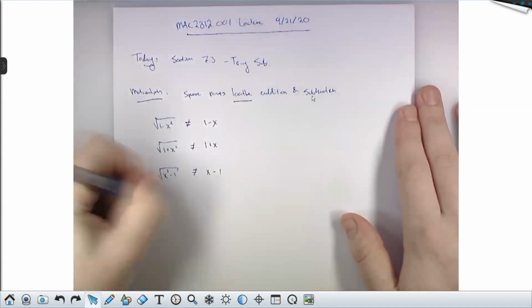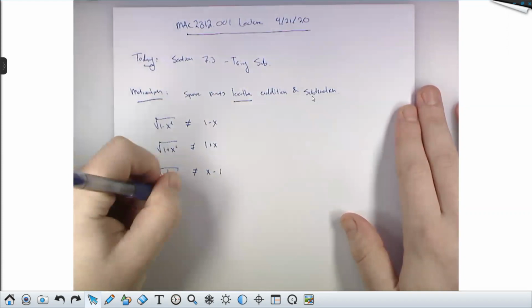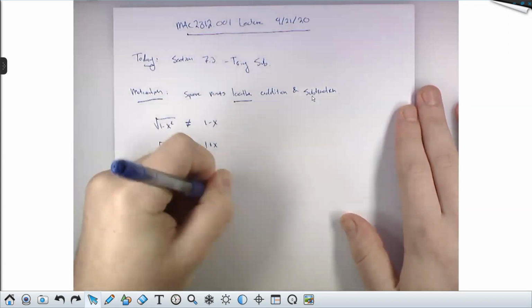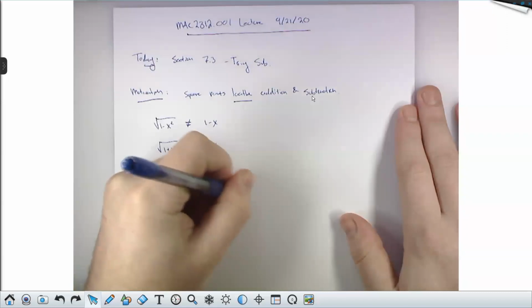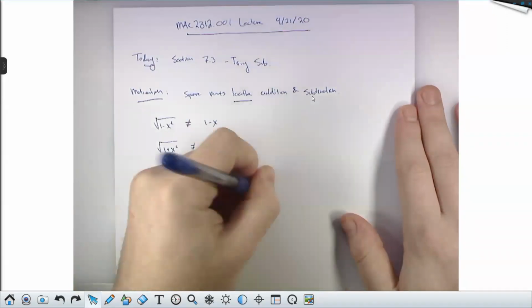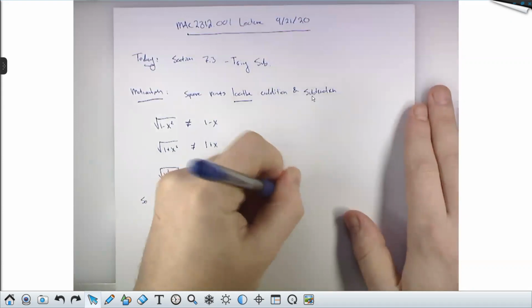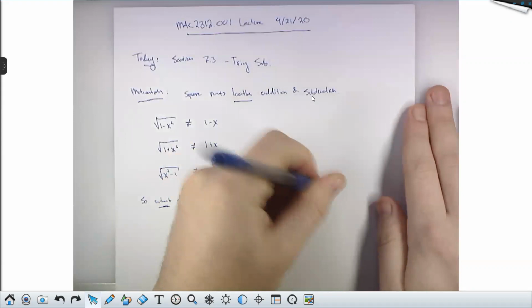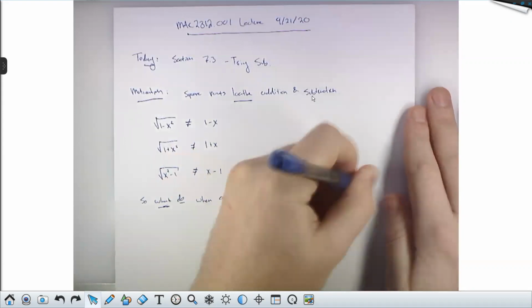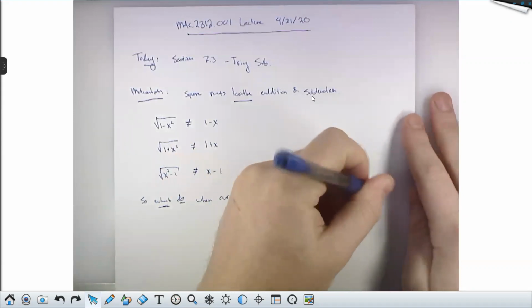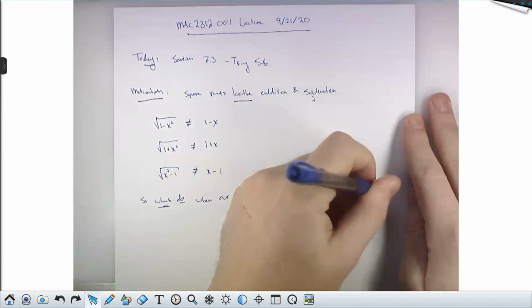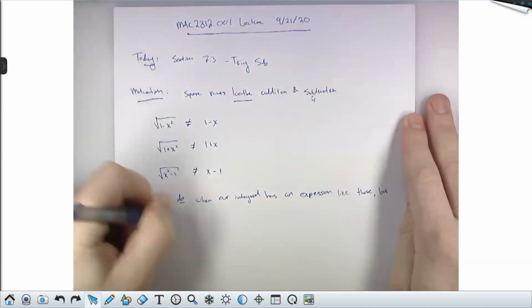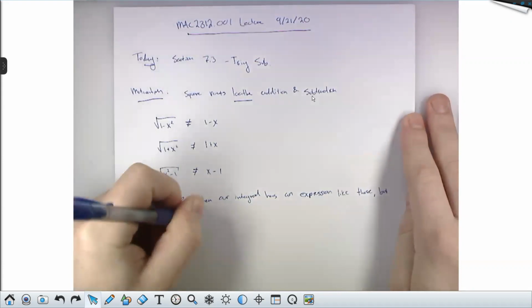So what do we do when our integral has an expression like that, but doesn't have the piece we need for U sub?